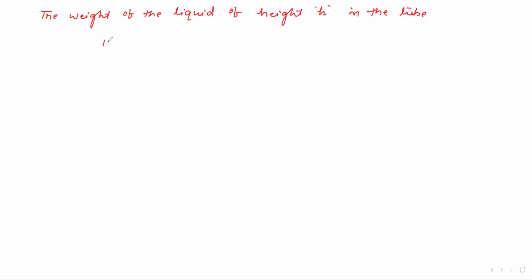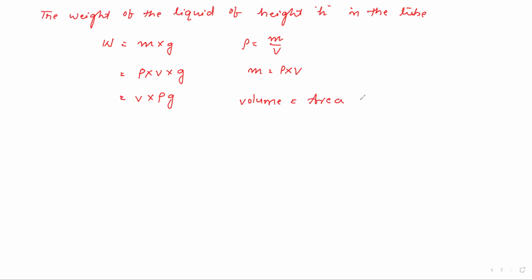Generally, we know, for example, the weight, which is denoted by capital W, is equal to mass into gravity, right? So we know the density is equal to mass over the volume. Then mass is equal to density into volume. So mass is equal to density into volume into gravity. Let me write here volume into rho into g. Then the volume, generally the volume equation is area into length.